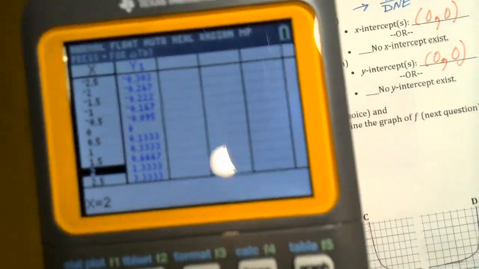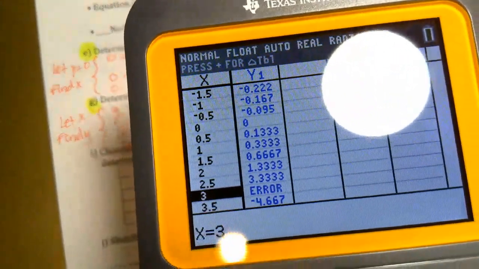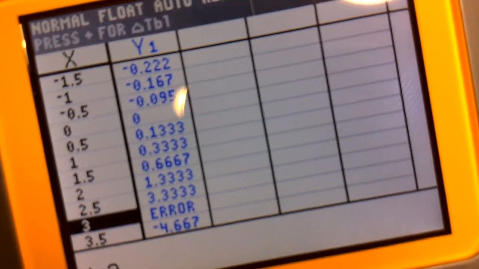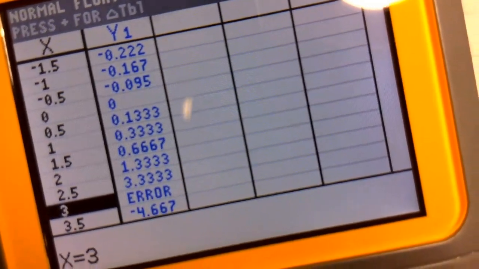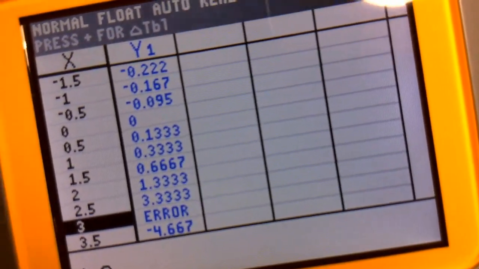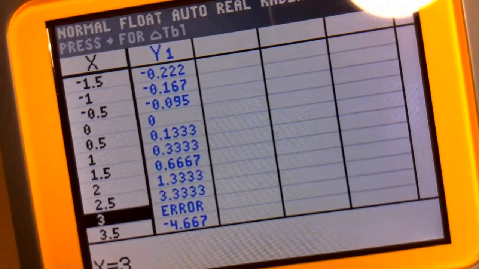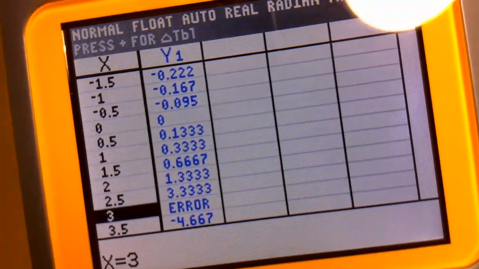Let's keep going. Notice 3. Trying to plug in the value 3, we get an error because remember in the domain that 3 was not allowed because it creates a 0 in the denominator. So it created a vertical asymptote. So that's exactly where we should find a vertical asymptote, at x equals 3.